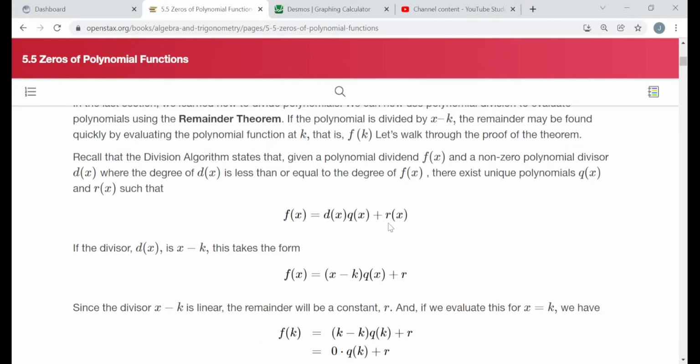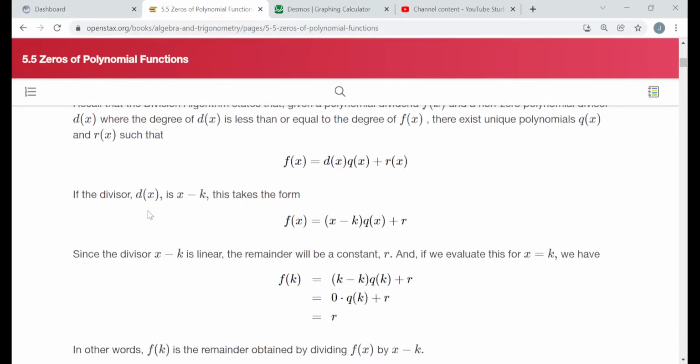Q for quotient, r for remainder. The result of any division problem could be written this way: the dividend was equal to the divisor times the quotient plus the remainder.